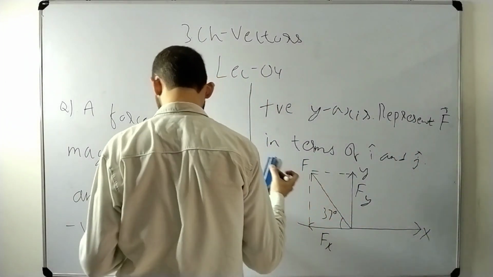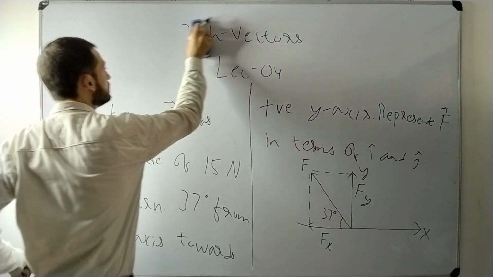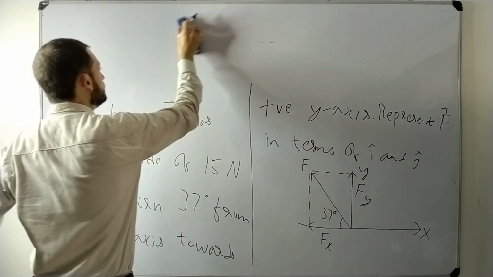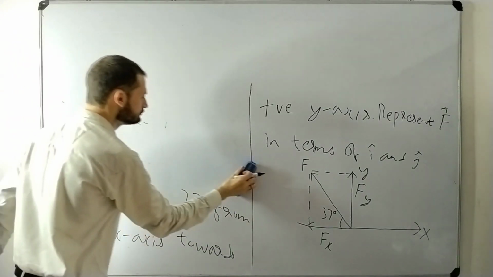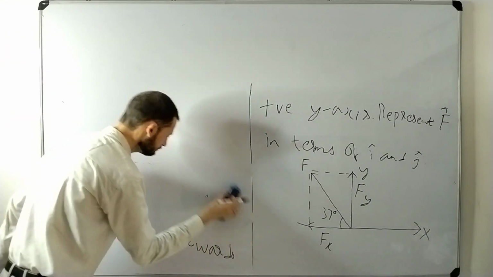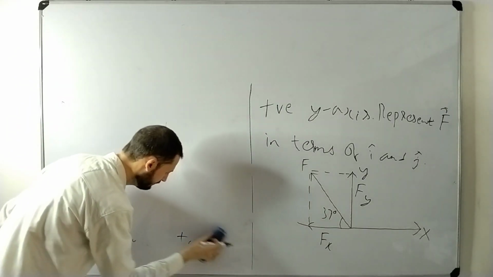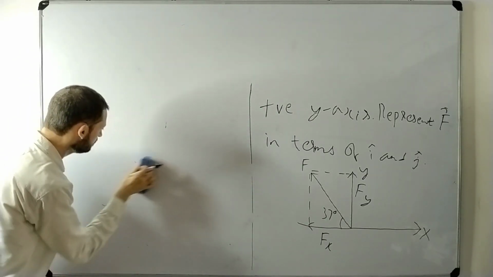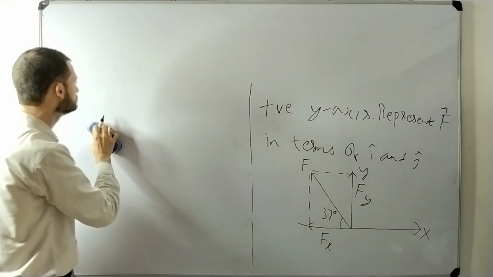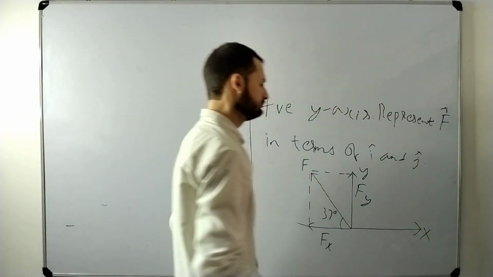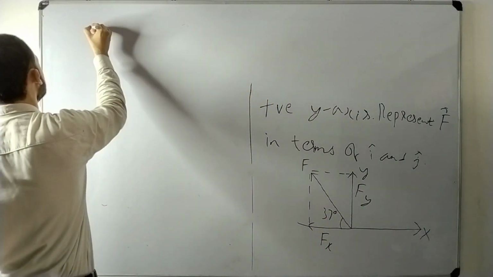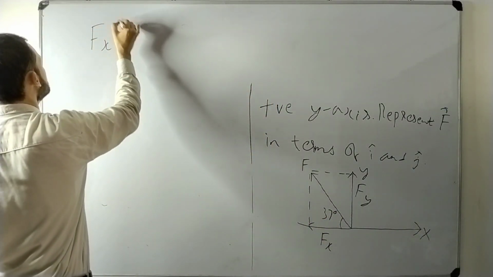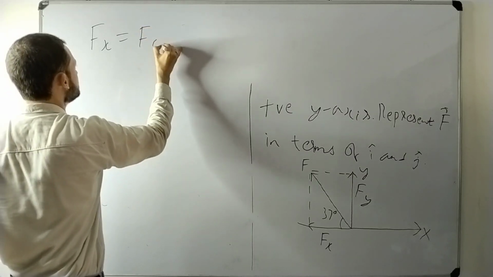Certainly sir. So what we have learned from earlier lectures we will apply here: how to write the components of a force vector. So base vector happens to be Fx and this happens to be F cos 37.